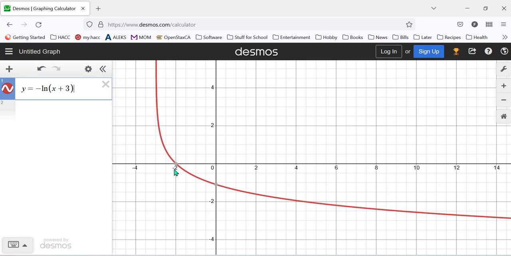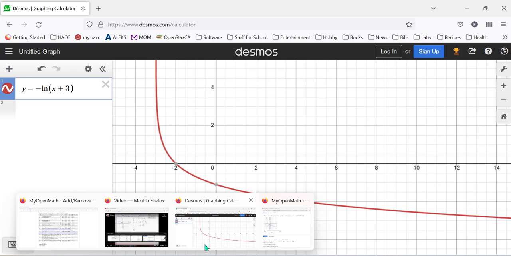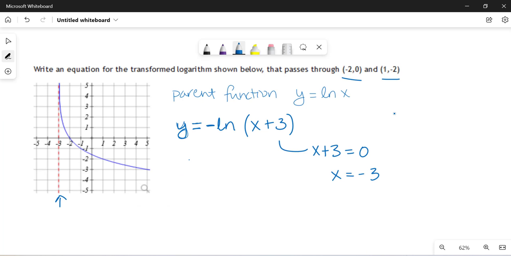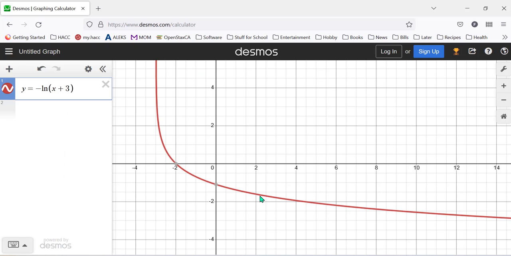Okay, so we're going through this point at negative 2, 0, but then our other point was 1, negative 2. So 1, negative 2. Okay, that's not quite right. We need this point to be down here.